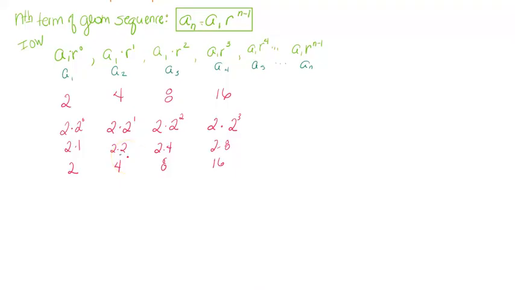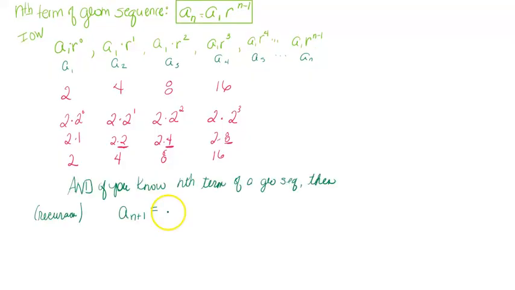So are you seeing that after the first term, I'm taking the term before it? The term before the second term is 2, and I multiply it by 2. Then I take my 4 and multiply by 2, and I take my 8 and multiply it by 2. This leads to the fact that if you know the nth term of a geometric sequence, then its recursion formula, which they don't supposedly call it that, lets you find the next term.